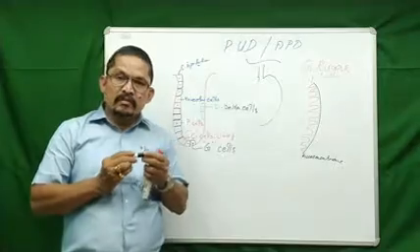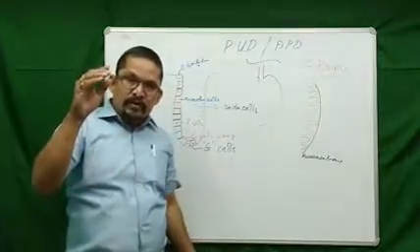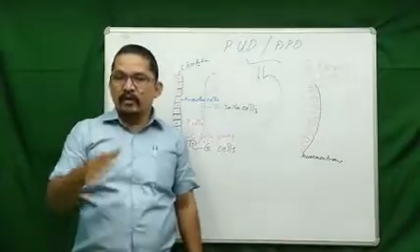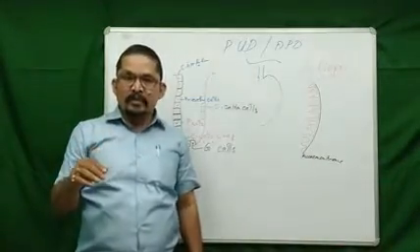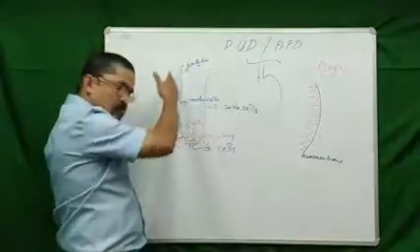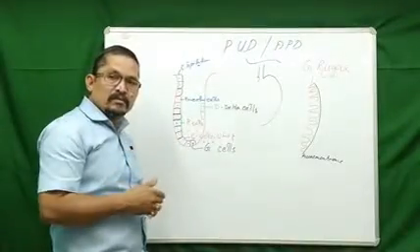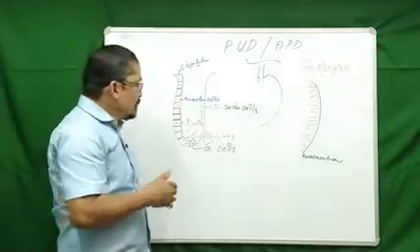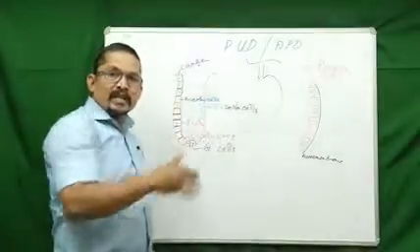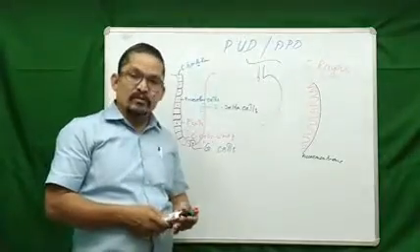That means in the very superficial layer of columnar epithelium, it is intermingled with some specialized cells, and these specialized cells have specialized functions also.